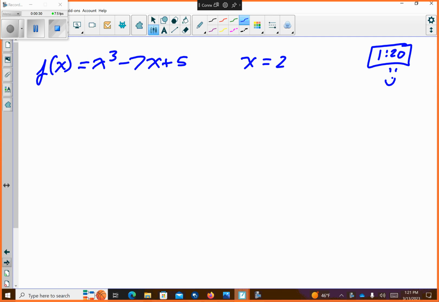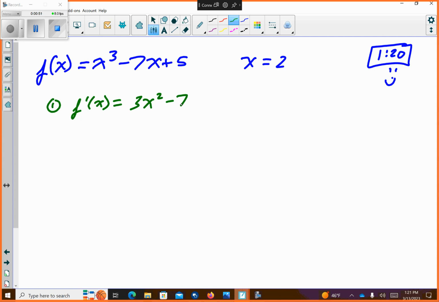All right, first problem. So we want to find the tangent line that goes with this. So the very first step in here is find the derivative. So 3x squared minus 7. Does that seem okay? Okay.